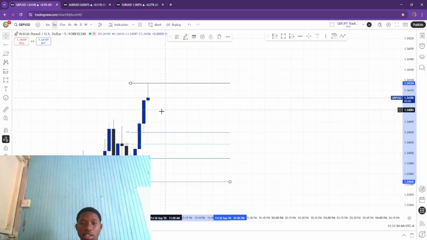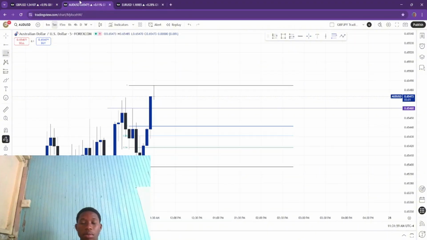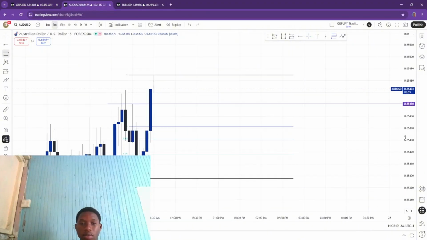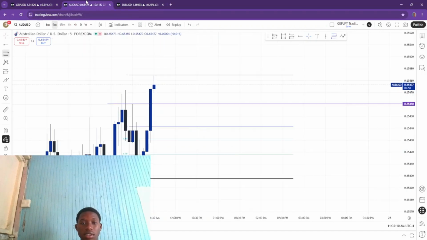3 minutes AUD USD. GBP USD still going up. Whichever one that close in a down candle. Okay.